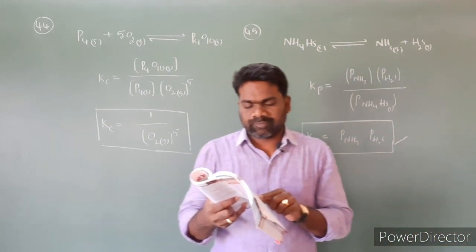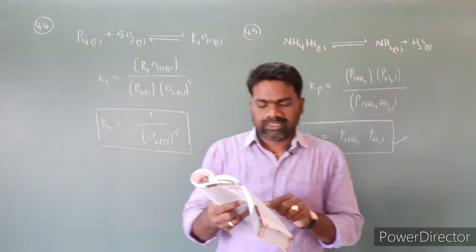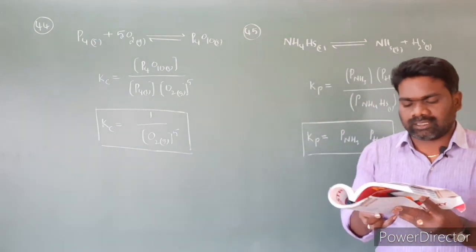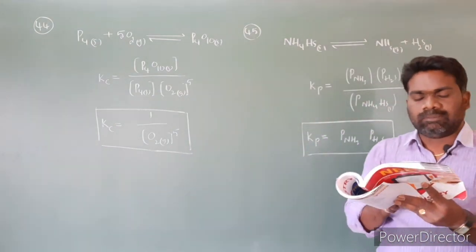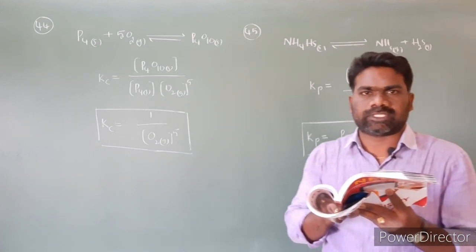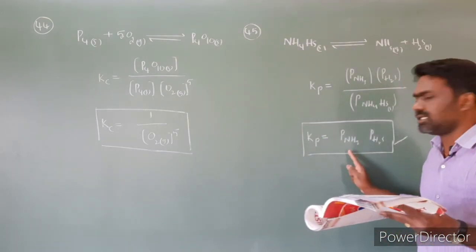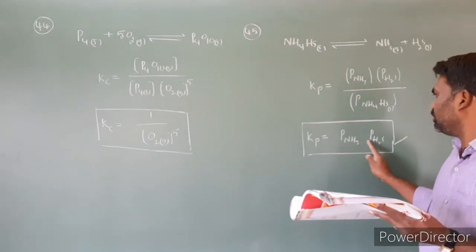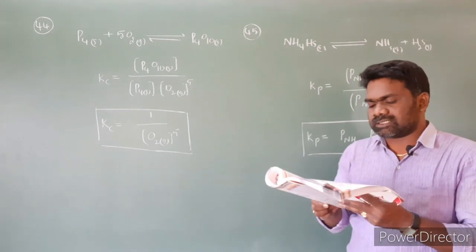So for question number 45, the equilibrium constant Kp for the reaction NH4HS gives rise to NH3 plus H2S is, look at option 1. Kp is equal to partial pressure of NH3 into partial pressure of H2S by partial pressure of NH4HS. This is incorrect. This is the final correct equation: Kp is equal to partial pressure of NH3 into partial pressure of H2S. Look at the second option.